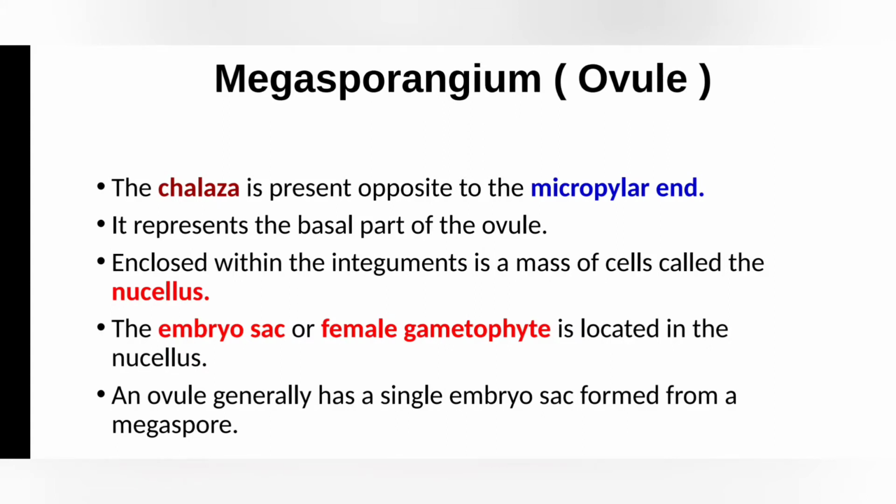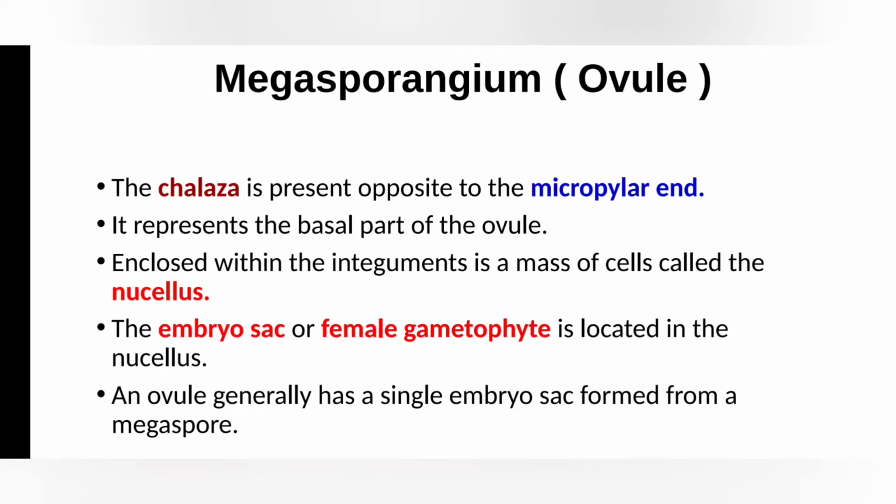Enclosed within the integuments is a mass of cells called the nucellus. We have already come across the term nucellus. Now we are going to learn what is meant by nucellus. The nucellus is a mass, a group of cells, present inside the integuments. The embryo sac or female gametophyte is located in the nucellus.